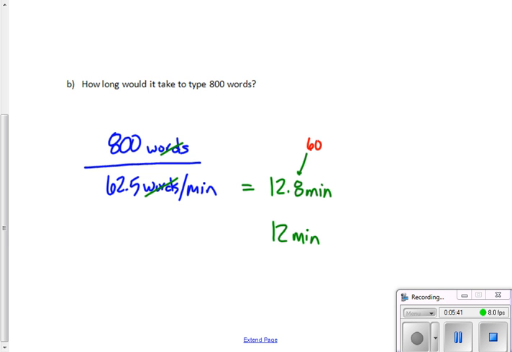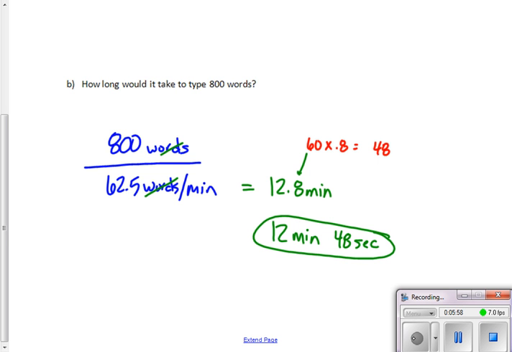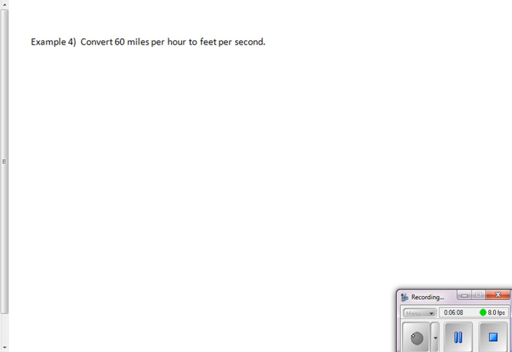So 60 times 0.8 is going to give you 48, which would be 48 seconds. So the time here would be 12 minutes, 48 seconds. Again, that would seem logical because we know that 12.5 minutes would be 12 minutes 30 seconds, so 0.8 would have to be something greater than 30 seconds.